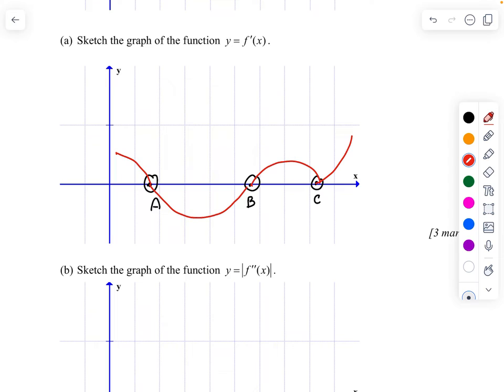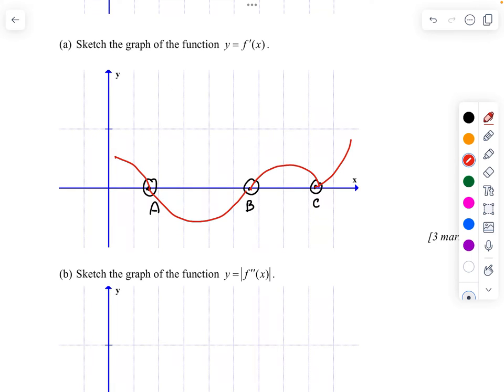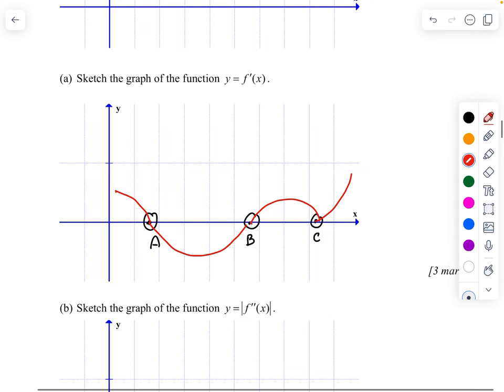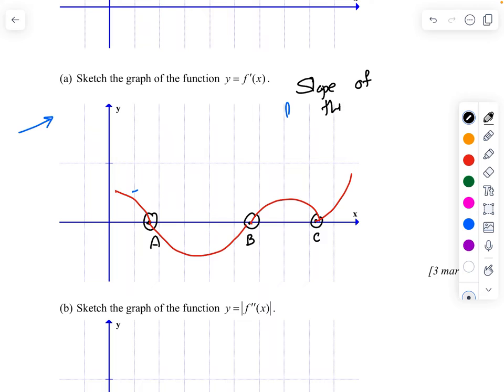Now I have to draw the absolute value of f double prime x. So for this one, we find the slope of this graph, and that is going to be the graph for f double prime x.